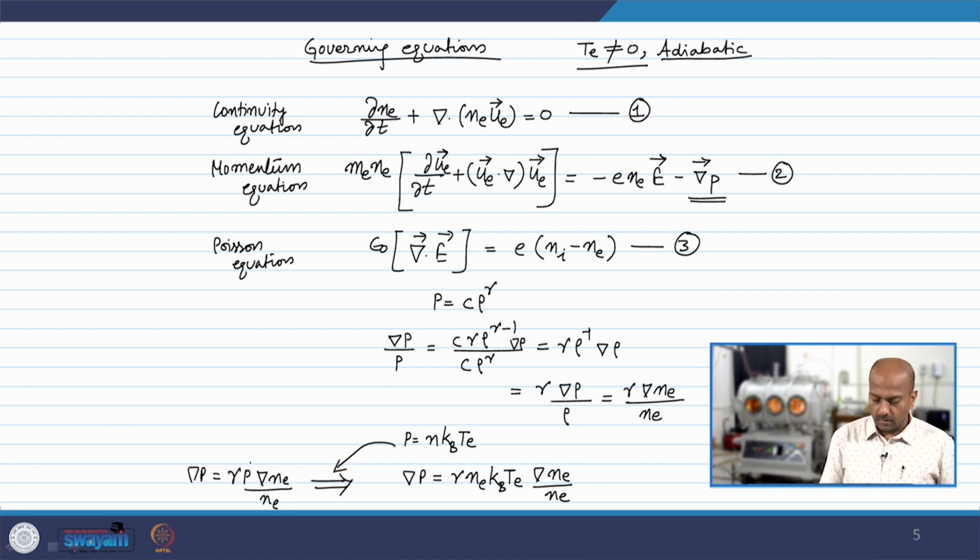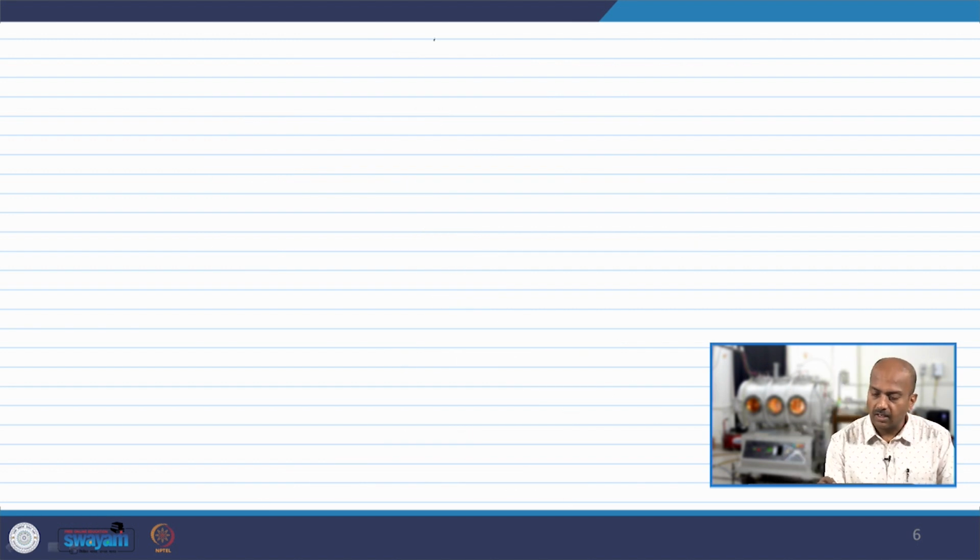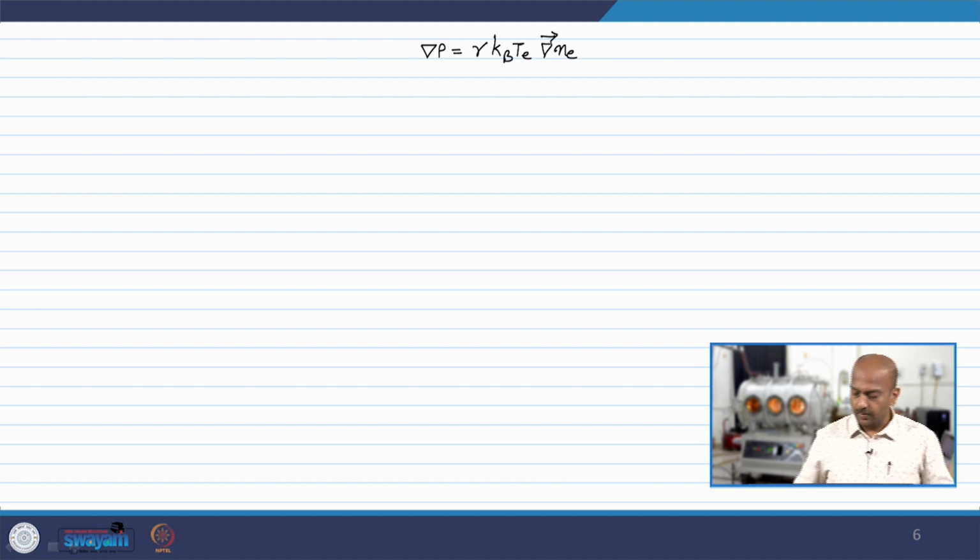So this is for the P that you see on the right hand side here. I am substituting Ne kB TE for P. So as a result, cancelling Ne, we have delta P is equal to gamma kB TE del Ne.